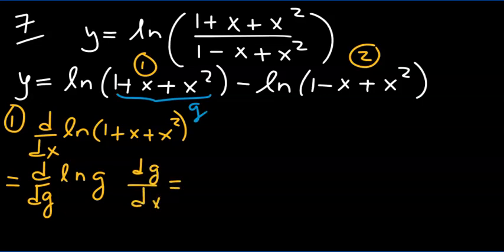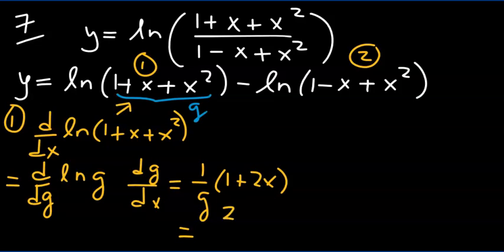So d natural log of g dg is 1 over g. dg dx, where g is given by this entire term, the 3 terms in the bracket, is quite simply 1 plus 2x. So putting everything together, you have 2x plus 1 over g, where g is 1 plus x squared. So that is the result of differentiating the first term with respect to x.